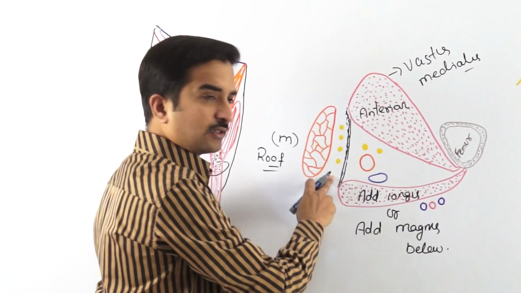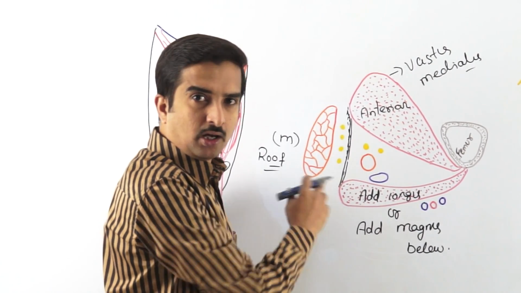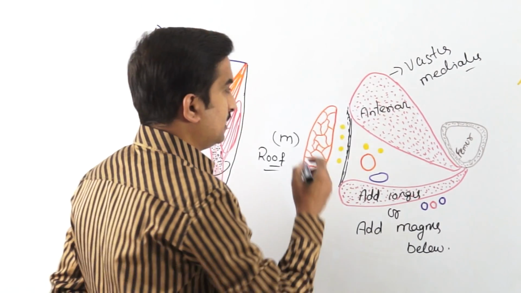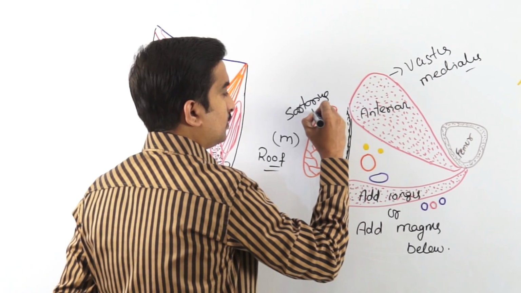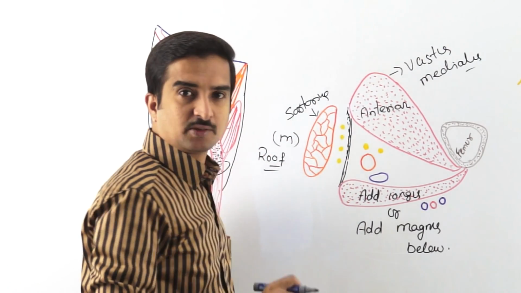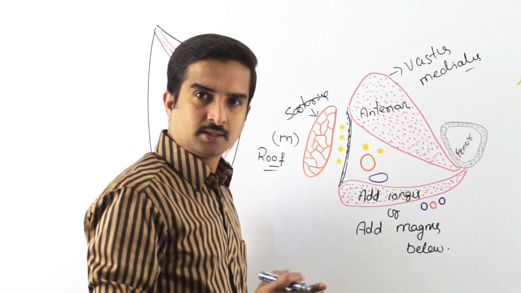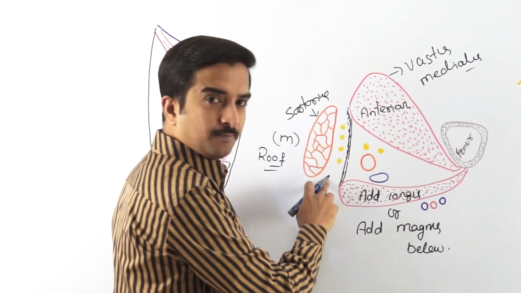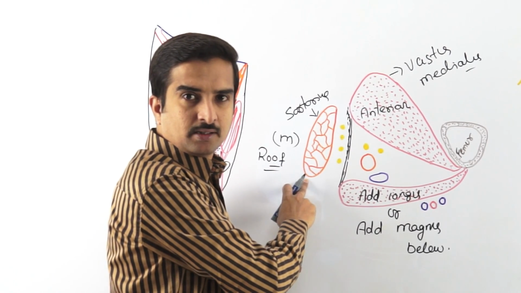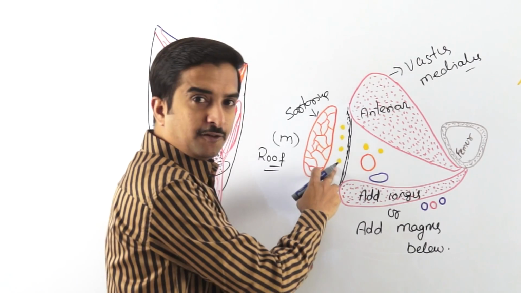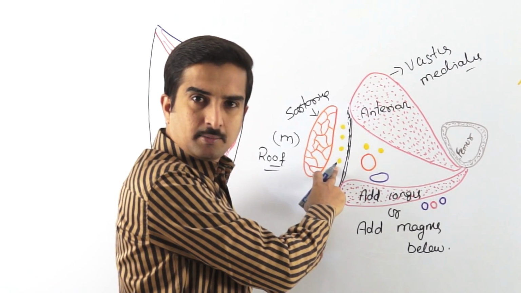And this strong fibrous membrane is covered by the sartorius muscle. Here you can see, this is the sartorius muscle. The strong fibrous membrane which forms the roof of the canal is bounded by the sartorius, and is separated from the sartorius by the subsartorial plexus.